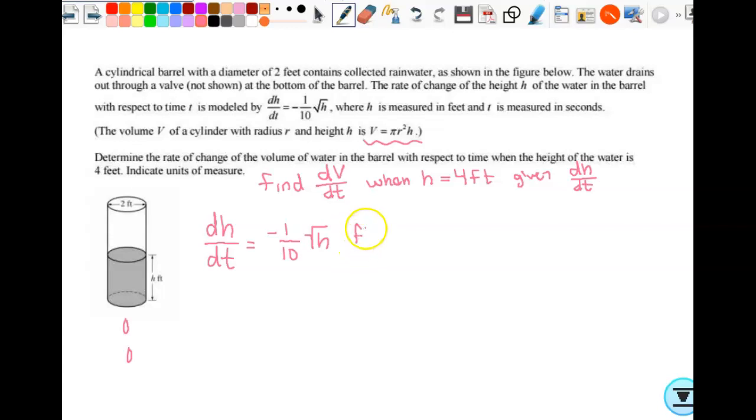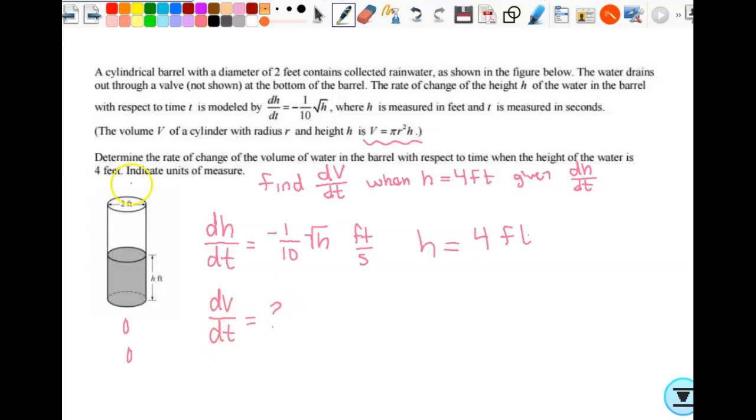So this quantity would be feet per second. We write dH/dt, the rate of change of height, and then the corresponding height, so 4 feet. What's our goal? Our goal is to find dV/dt. That's going to be the unknown in this question.